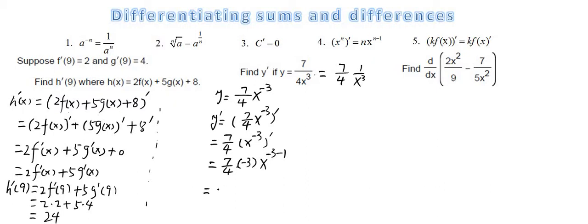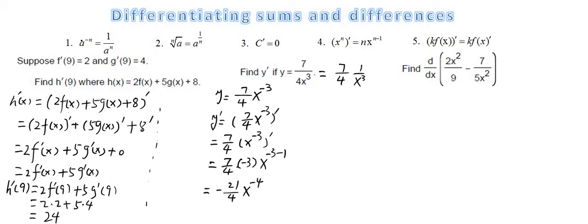Here we can simplify it. 7 times negative 3 would be negative 21 over 4, and here is x to the power negative 4. Again, we can use rule number 1. Here is x to the power negative 4, which is a to the power negative n.